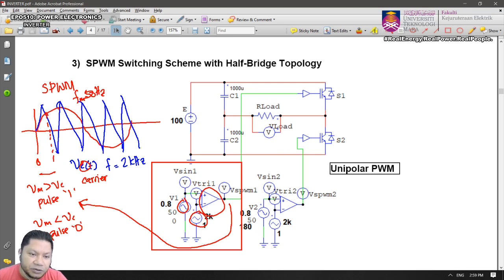And from this point to this point, you're going to see that the output pulse of the comparator will be 1. And then again here you have a very small portion. You have Vm lower than Vc, so you'll be off again for that range, and then you'll be on for that range.